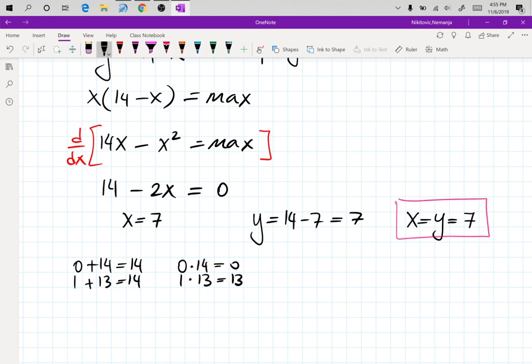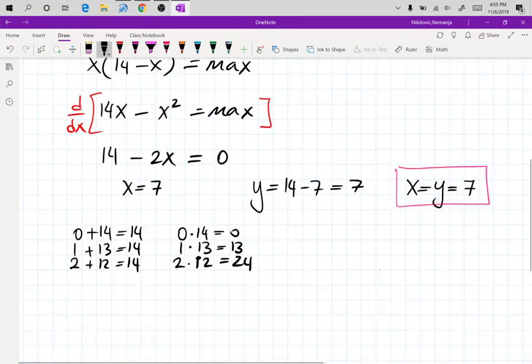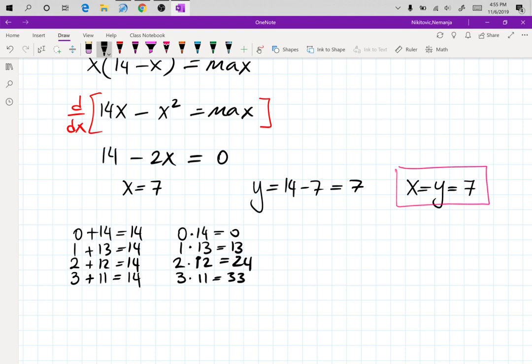Okay, product is bigger. 2 plus 12 is 14. 2 times 12 is 24. Okay, it's going up. 3 plus 11 is 14. 3 times 11 is 33. So you see how it slowly is creeping up.